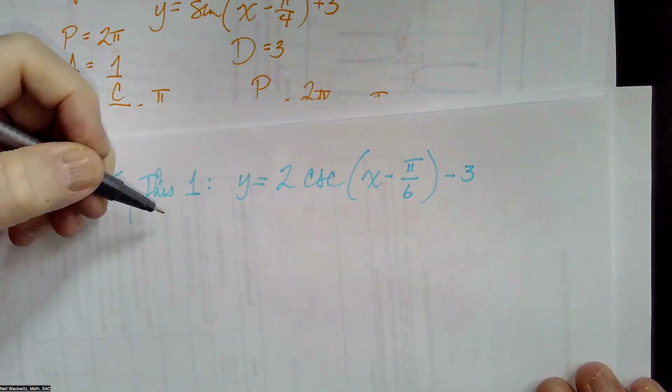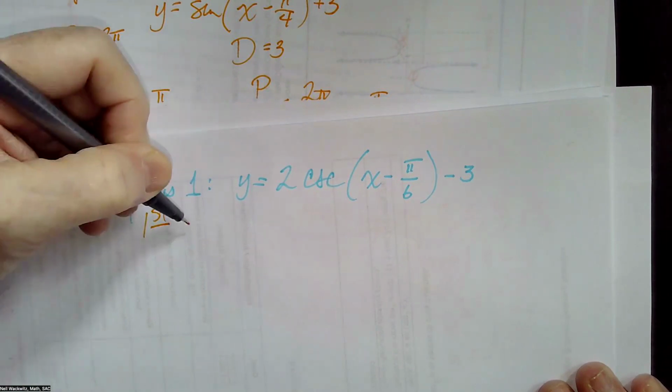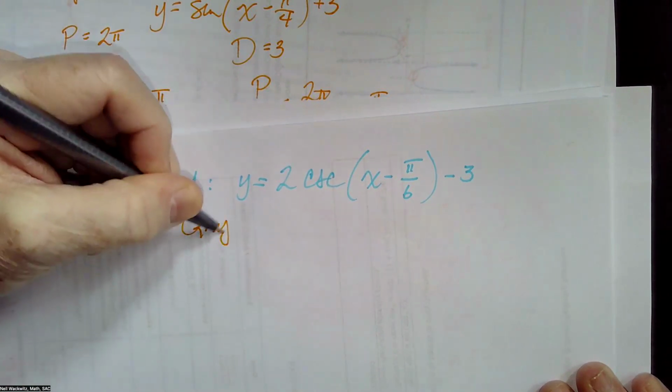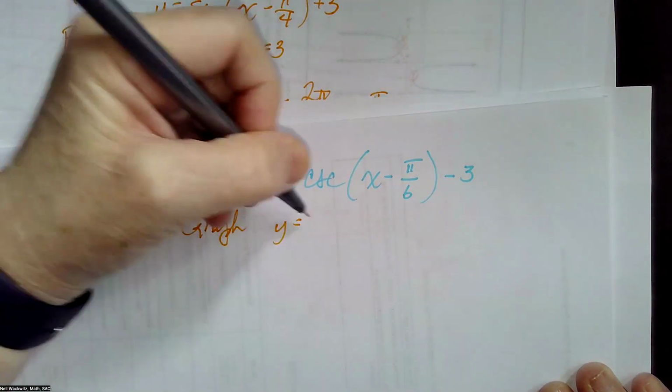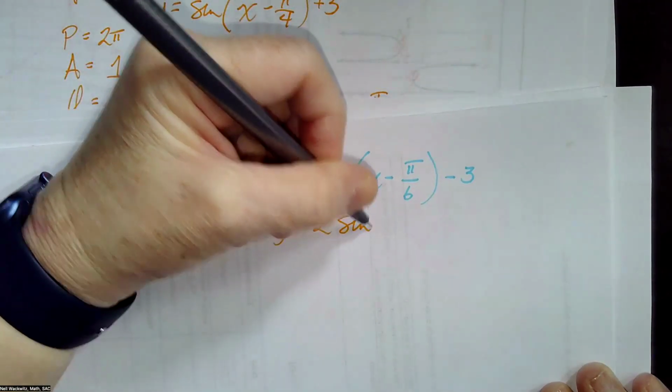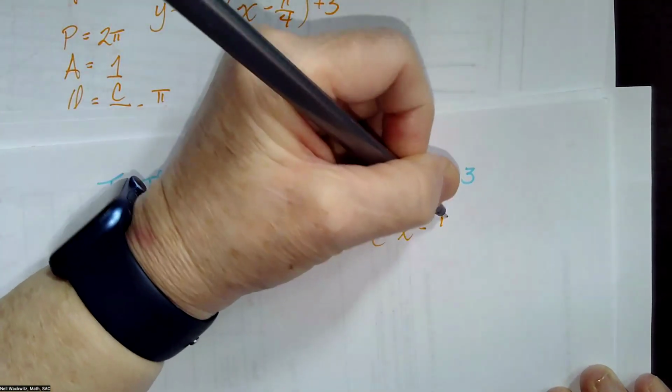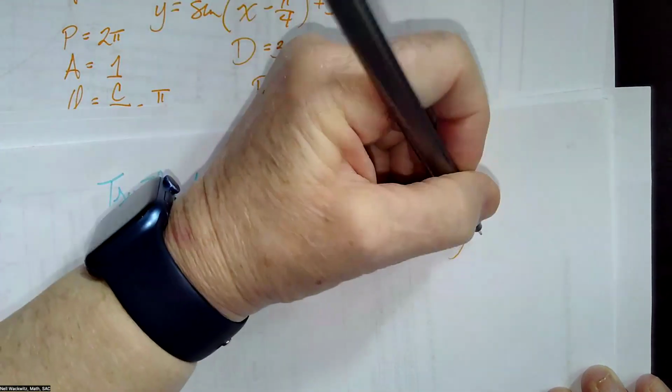And that means that we're first going to graph 2 sine (x minus pi over 6) minus 3.